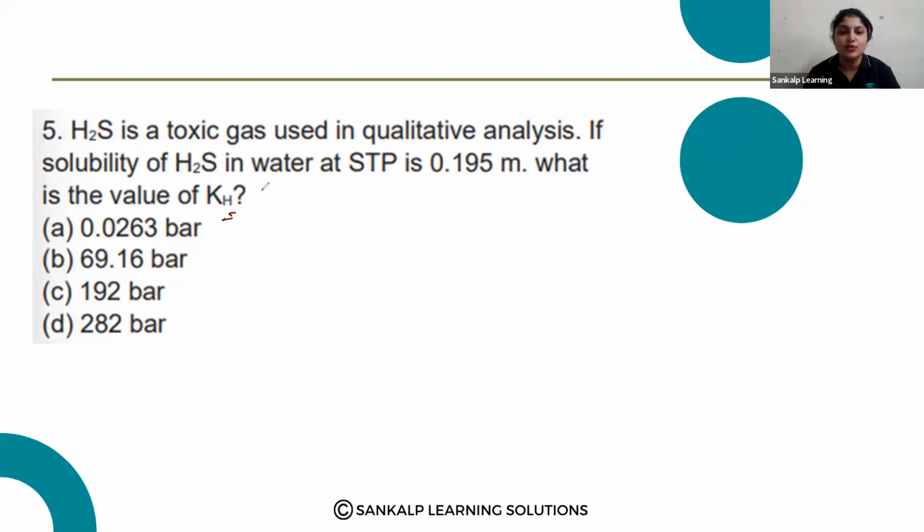So to calculate Henry's constant, pressure is equal to KH into mole fraction. So we can calculate Henry's constant by partial pressure equals KH, that is Henry's constant, into mole fraction.